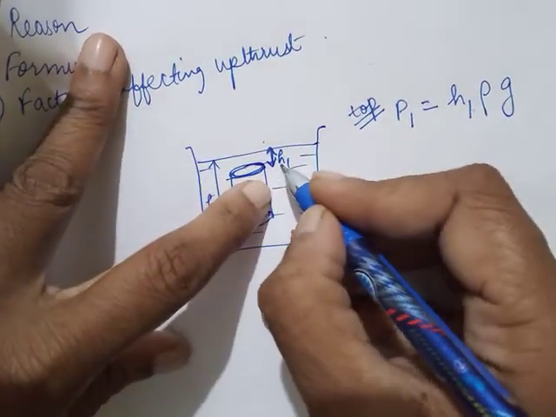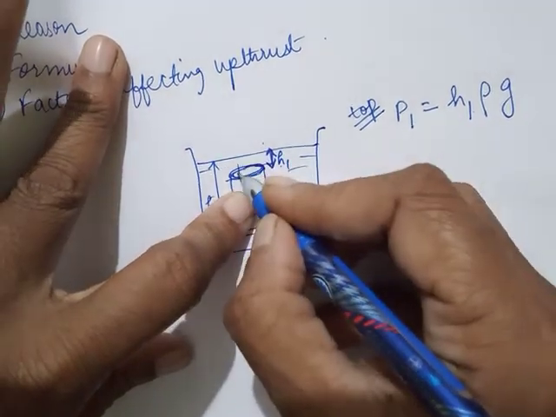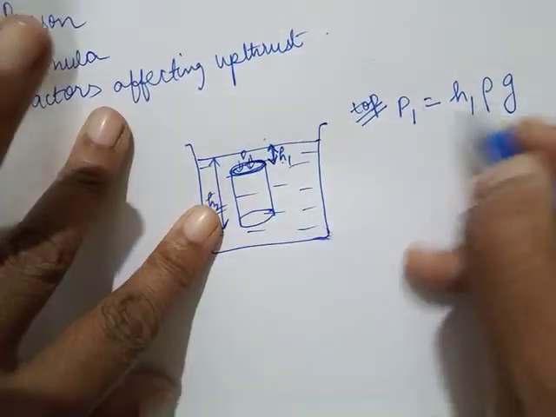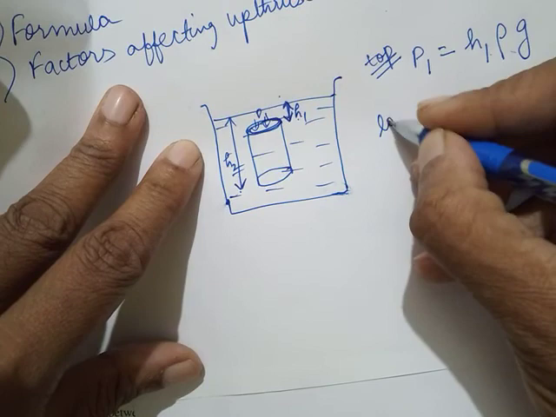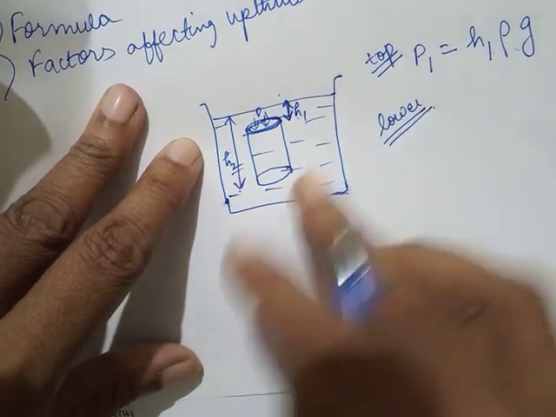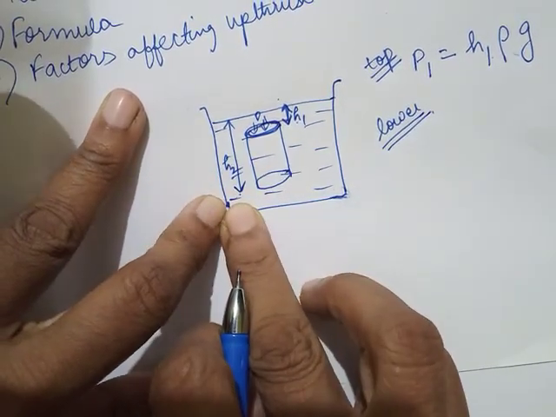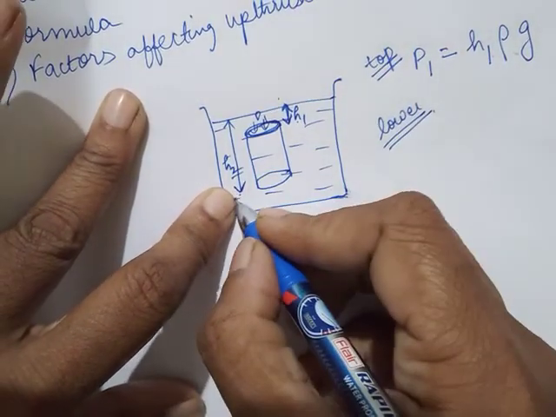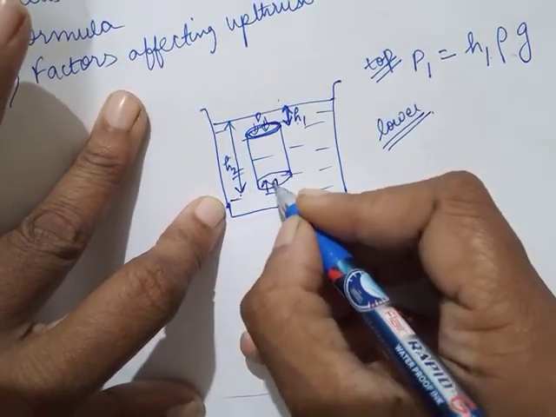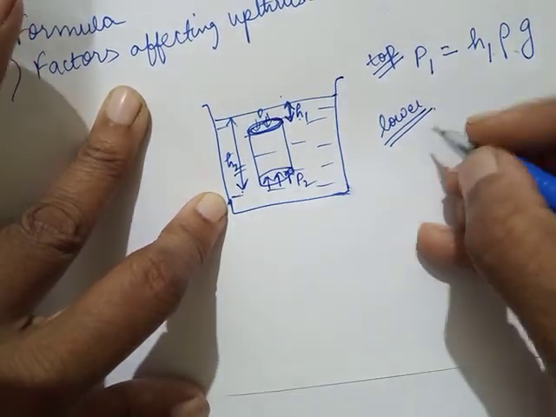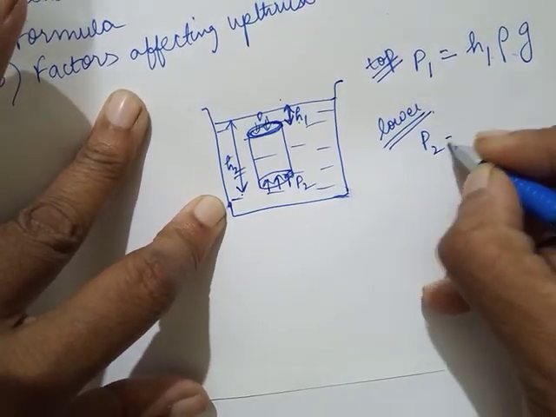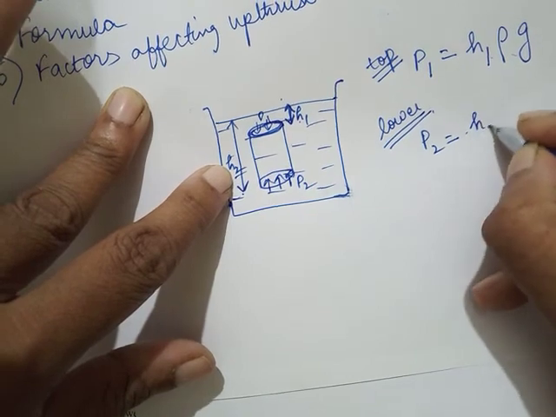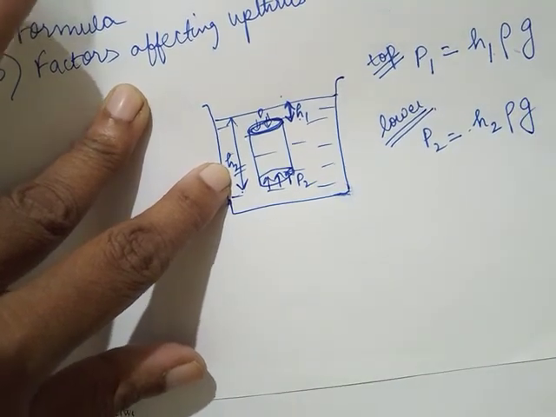Because of height h1, pressure P1 is acting on the upper surface, and that is equal to h1 rho g. On the lower surface, which is at a height h2 from the surface of water, we have to see the height from the surface of water. So the pressure P2 acting here will be due to height h2: h2 rho g.